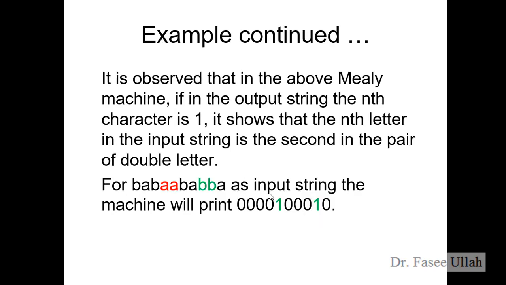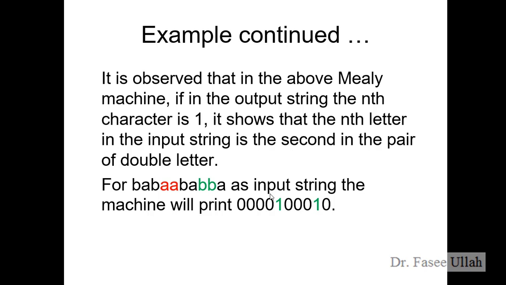It is observed in the above Mealy machine that if the output string has the nth character as 1, it shows that the nth letter in the output string is the second in a pair of double letters. What does this mean?